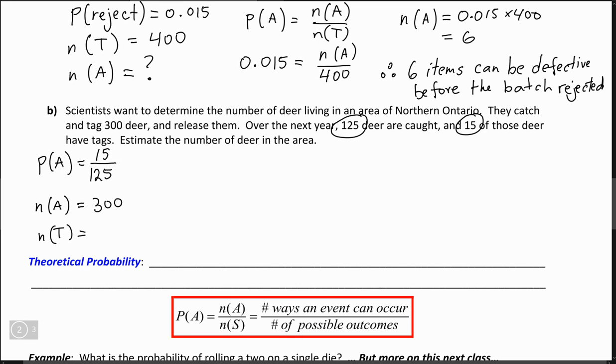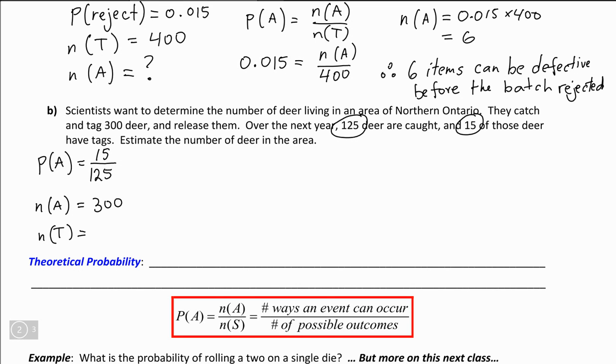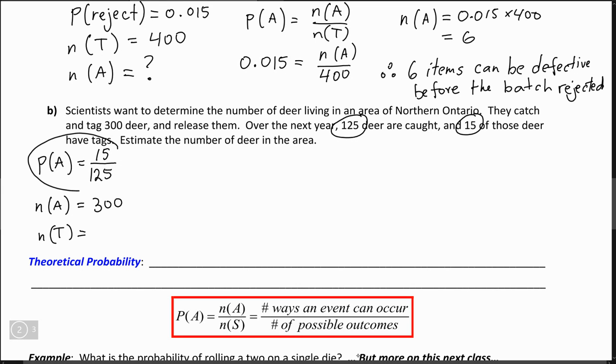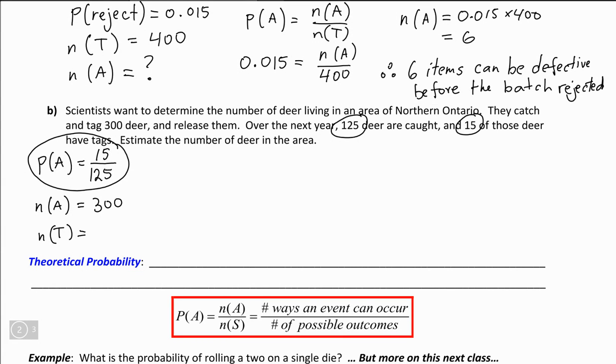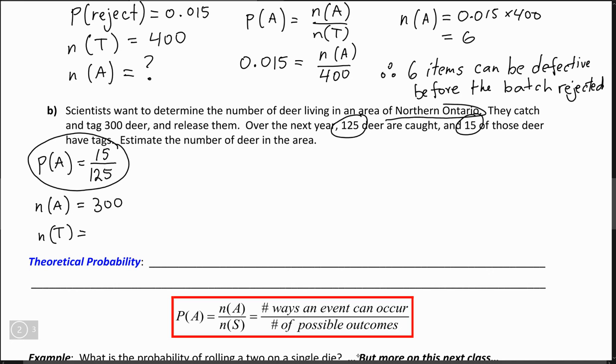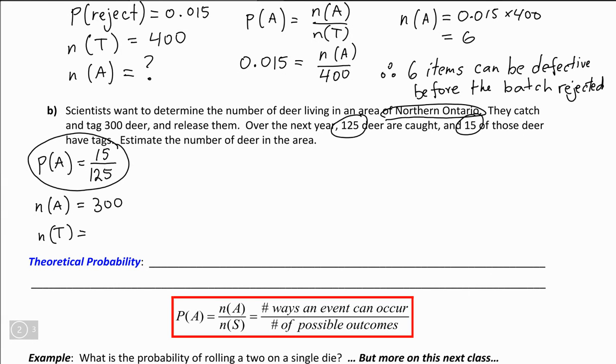Now remember, I'm going to calculate two probabilities here. This first one is what we'll call the local probability, just based on this small sample of 125 deer that we've caught. But we're interested in estimating the number of deer in the entire area of northern Ontario. There's going to be many more than 300 because they only caught 300 deer and tagged them in the beginning.